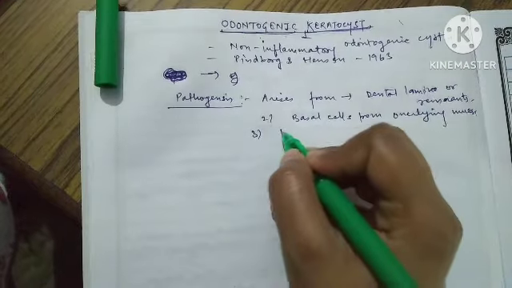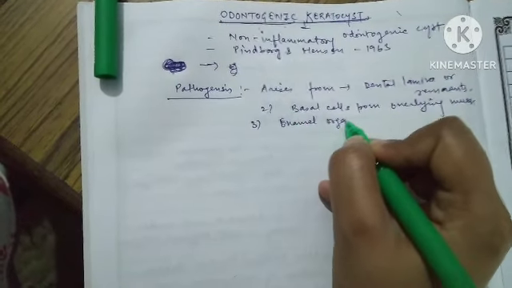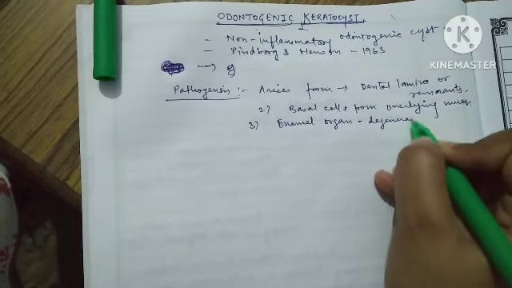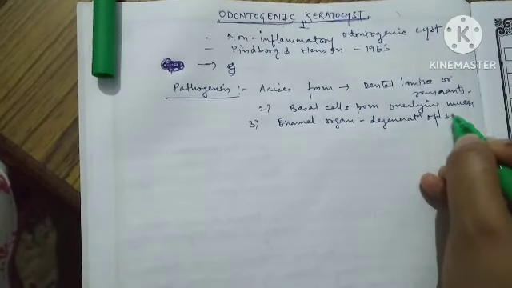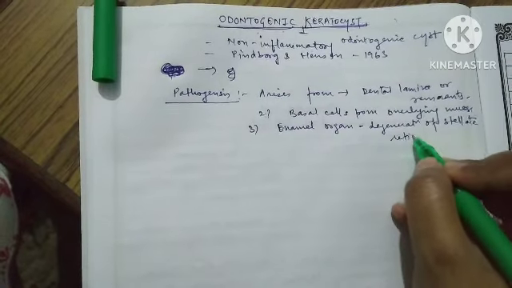Or it can arise from the enamel organ, by the degeneration of stellate reticulum.